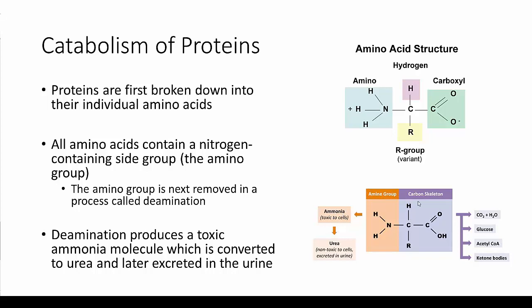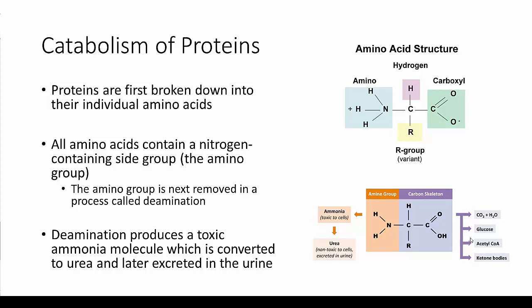Ammonia is going to be the byproduct from the removal of this amine group. What that's going to leave then is a carbon compound consisting of only carbon, hydrogen, and oxygen, in most cases anyway, which can be further broken down via a variety of different pathways.